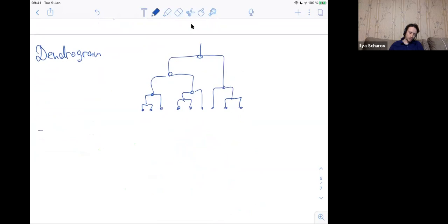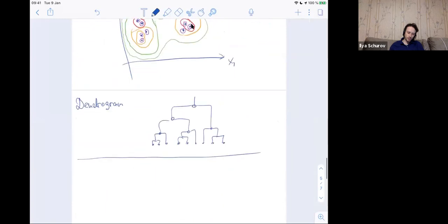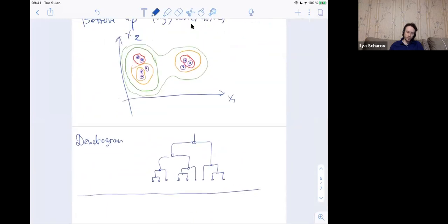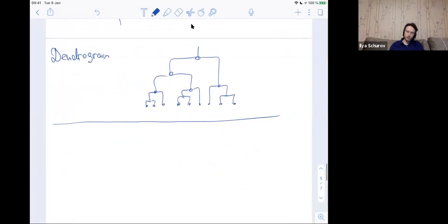And to finally define this agglomerative clustering algorithm, we have to define how to measure distance between 2 clusters, because initially we have just distance between points, and it is possible to measure distance between clusters in different ways. For example, assume that we have some large cluster here, and we have some smaller cluster here.